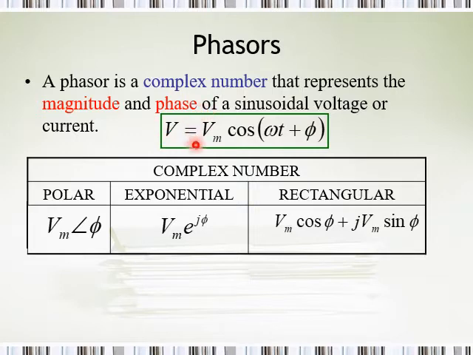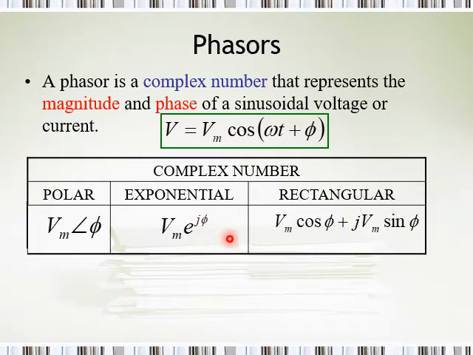We just take Vm as the magnitude and the phase angle as the phase. So Vm phase phi. Exponential, we can convert into this format: Vm e to the power of j phi.